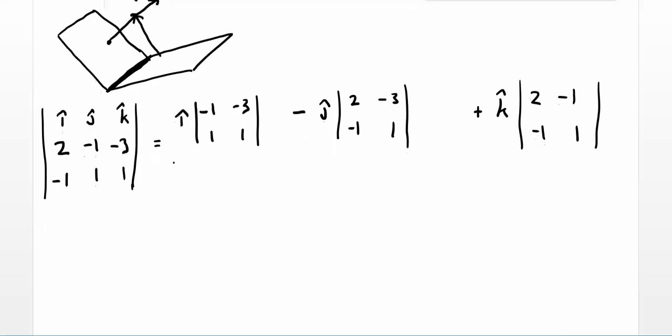Now let's go ahead and calculate this. This is I. So remember how this determinant goes. It goes these two numbers multiplied, and you subtract the product of these two numbers.